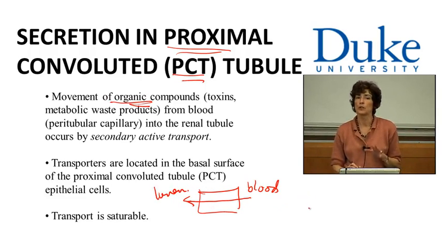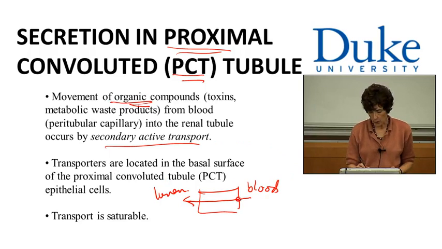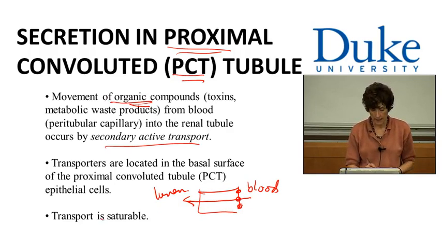Again, we're going to be using secondary active transport as our means for moving this material. And the transporters, which are located here on the basal surface of the cells, are absent from the luminal surfaces of the cells. So the transport is unidirectional, and again, transport is going to be saturable because we have a finite number of transporters located within this region.